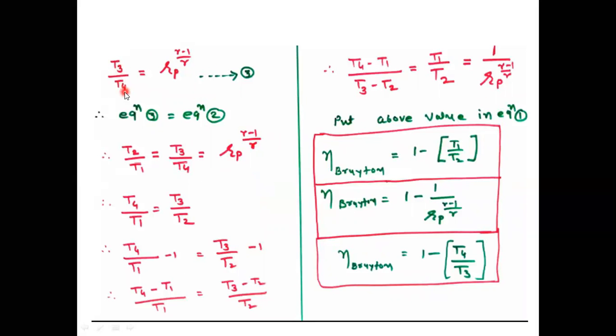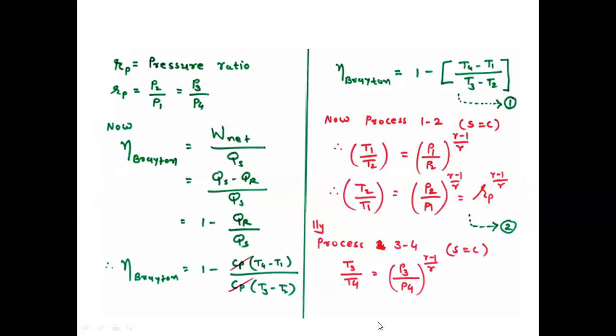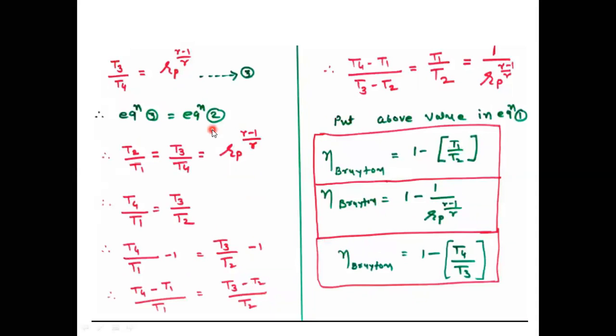So T3 divided by T4 is equal to Rp raised to gamma minus 1 upon gamma. Say equation number 3.